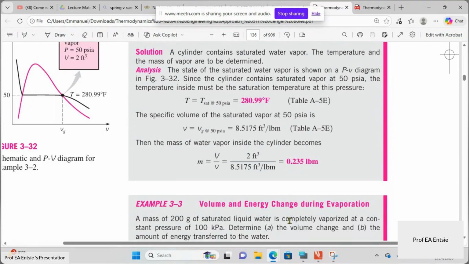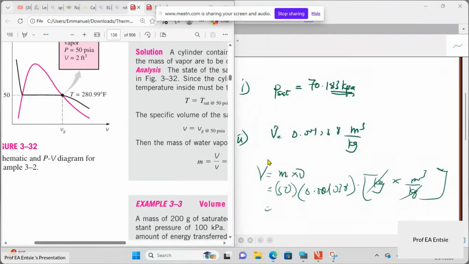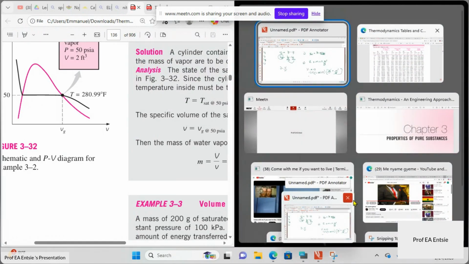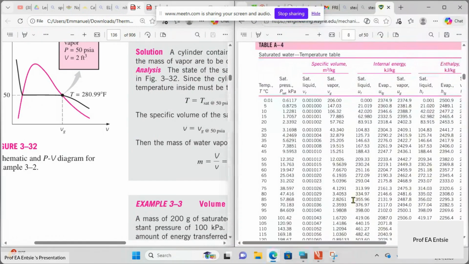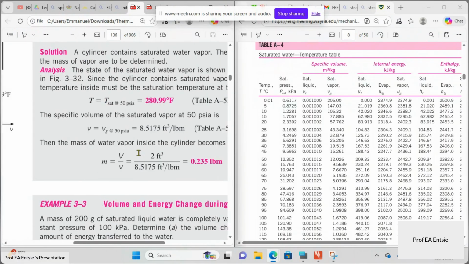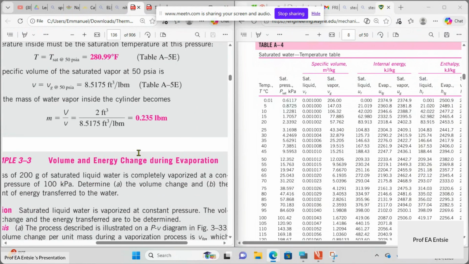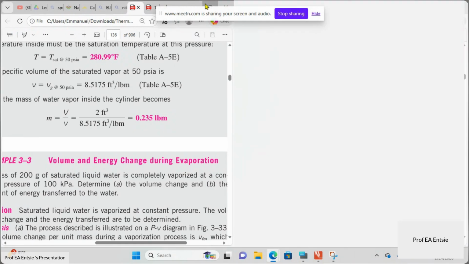All right, so I have another problem here. Let's do it together. What will happen is that I'll just bring this one here. Then you see a lot of screens, right? Bring this one also here. So with this example 3.3, or better still, I can do this.